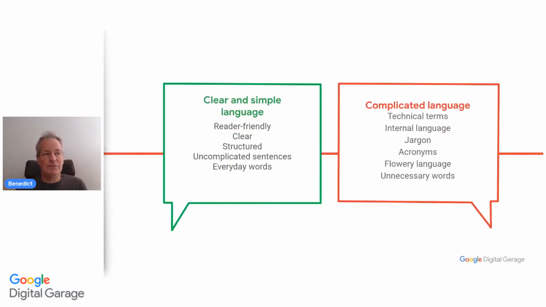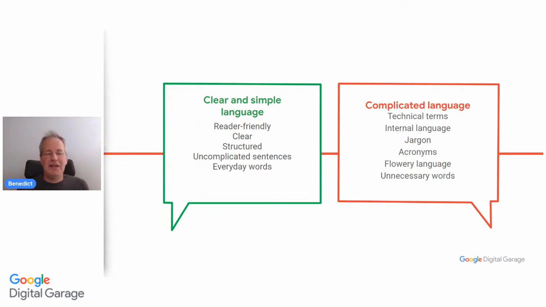Clear and simple language. Reader friendly. Okay, great. Clear, nice and clear. Structured. All right, we can understand this so far. Uncomplicated sentences. Everyday words. All right. All of those different things. Clear, structured, uncomplicated sentences, everyday words.